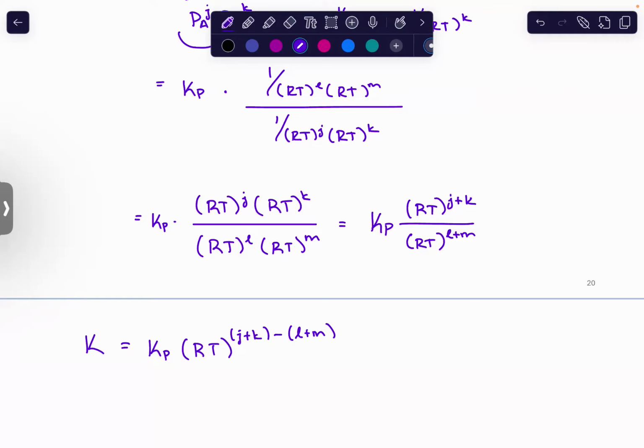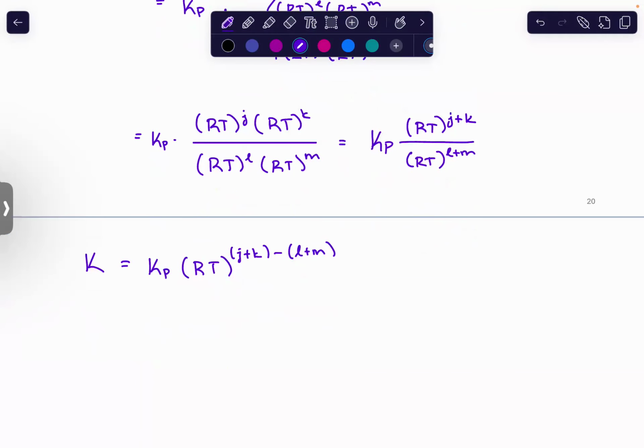Okay, so K is going to equal that. However, if we want to get it to the way the book does it, if we divide through by the RT, you know that exponent gets a negative sign, right? So your book has KP by itself.